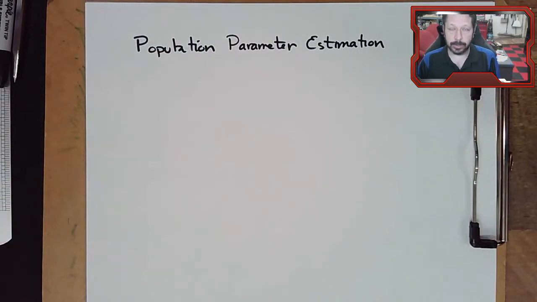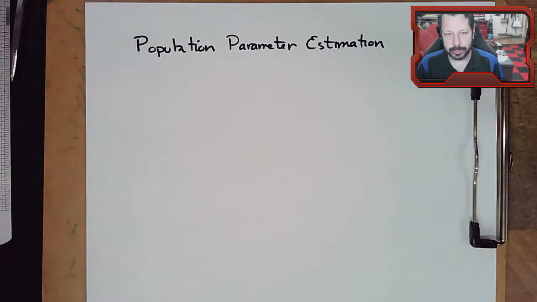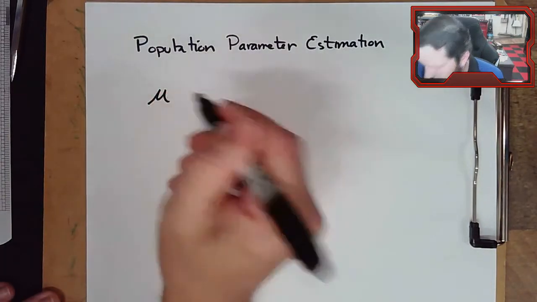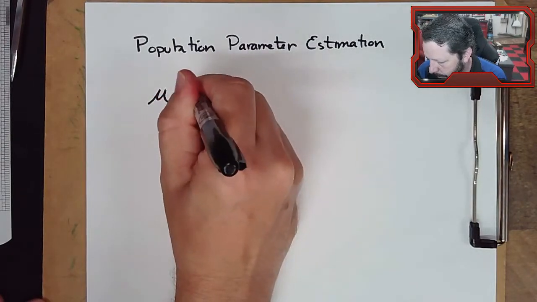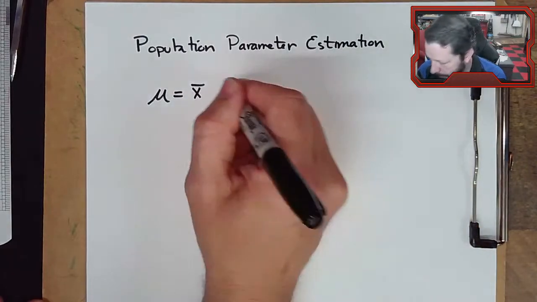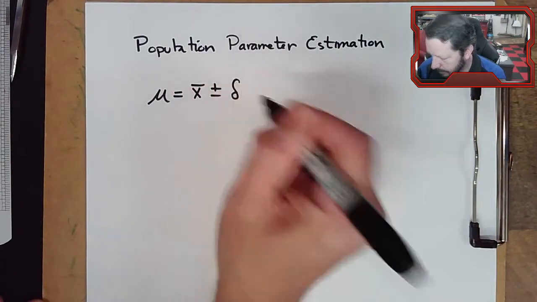All right, so let's do the large sample first. So this is somewhere you've got 35, 40 or more samples, and we're going to say that this is a large sample. What you would say is that the population mean is equal to your sample mean plus or minus some delta.